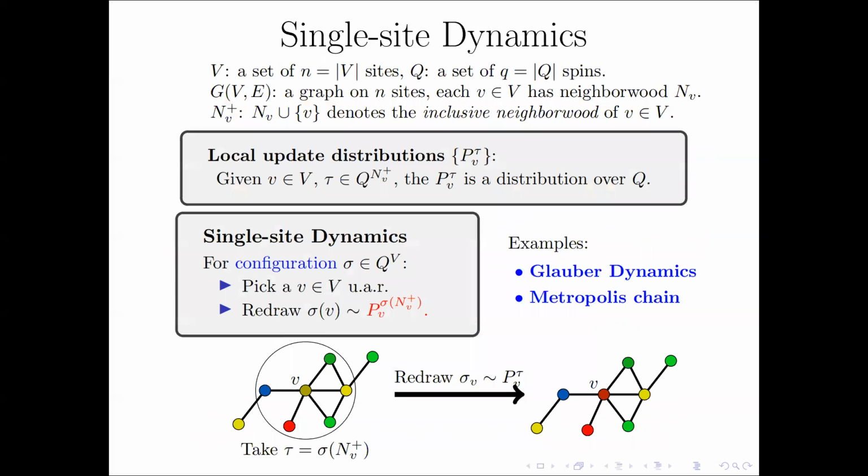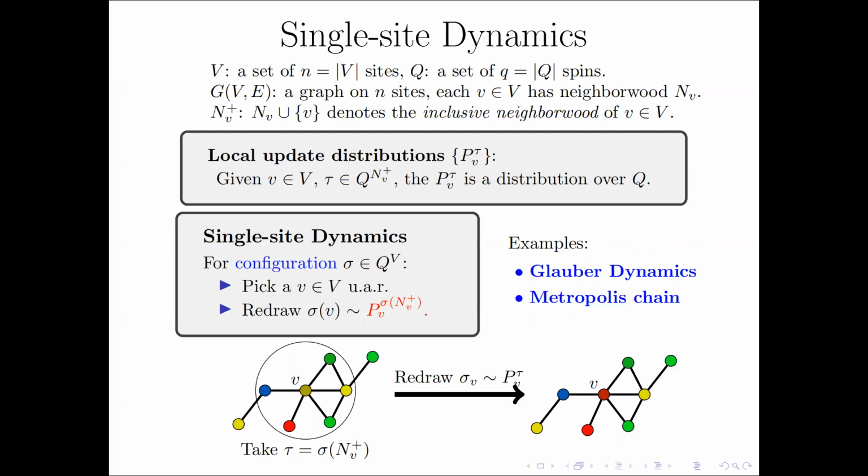Glauber dynamics falls into a general framework of single-site dynamics. For single-site dynamics, given a graphical model G and a local update distribution P, for each site V and any configuration over V's inclusive neighbors, P defines a distribution over Q. In a step of single-site dynamics, we pick V uniformly at random, redraw its color according to the local update distributions.